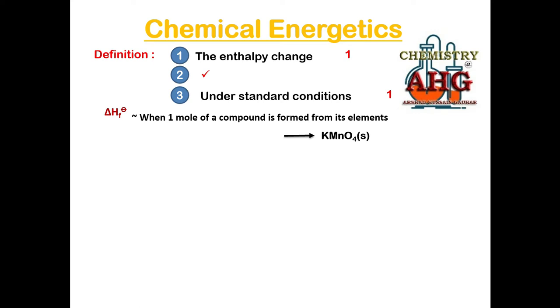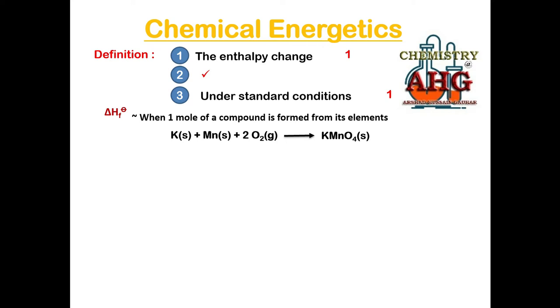You just look at the compound potassium manganate 7. It is made up of 3 elements: potassium, K, it is a solid; manganese, Mn, it is solid; and oxygen, O2, gas. And you will balance the equation in such a way that there must be 1 mole of KMnO4 on the right hand side.